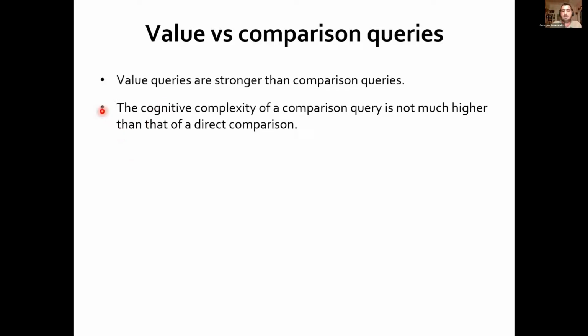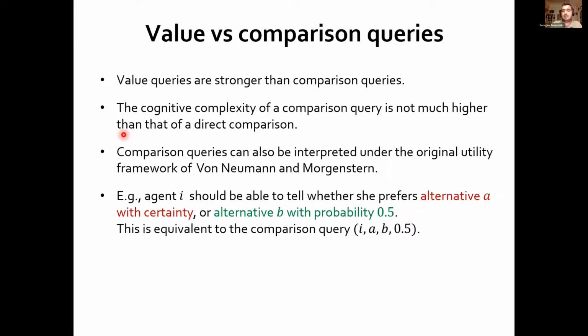But the main motivation behind them is that the cognitive complexity of a comparison query is not much higher than that of a direct comparison. In fact, this goes back to the original utility framework of von Neumann and Morgenstern, where the idea of having cardinal utilities is based on the fact that the agents can not only compare alternatives with each other, but also lotteries over alternatives.